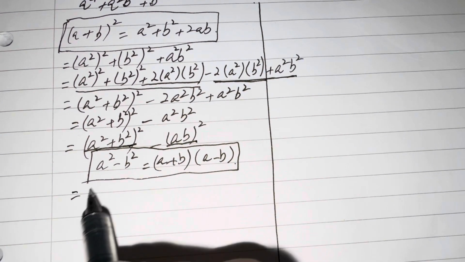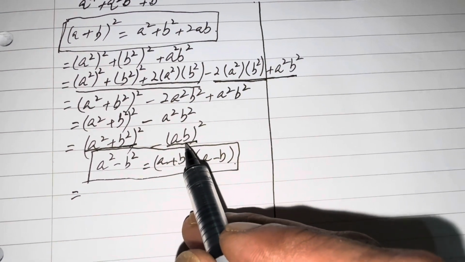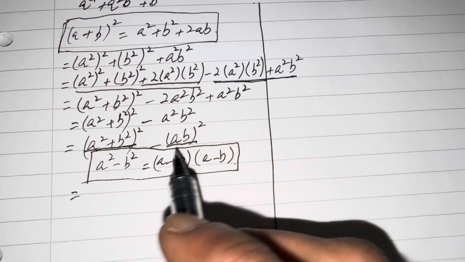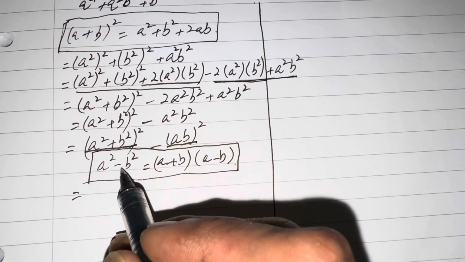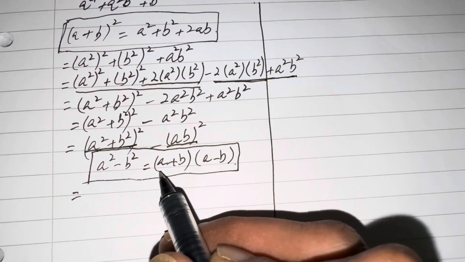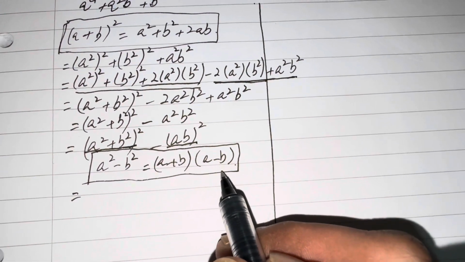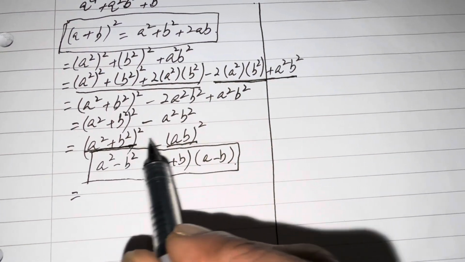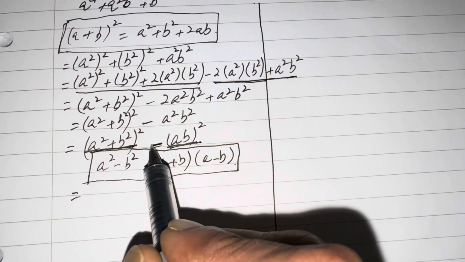So suppose that this term is equal to a and this is like b. So if a square minus b square is given, then we can write the formula like first plus second into first minus second. So this one is first and this one is second, and the minus sign is in between them.